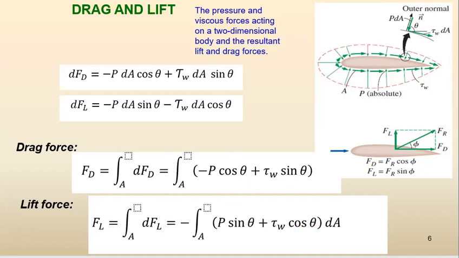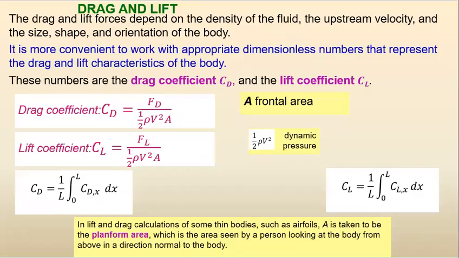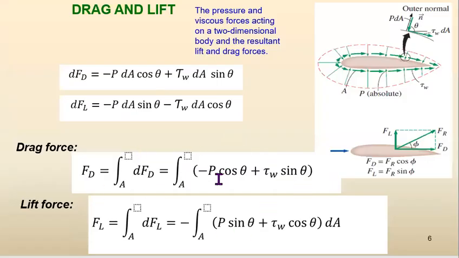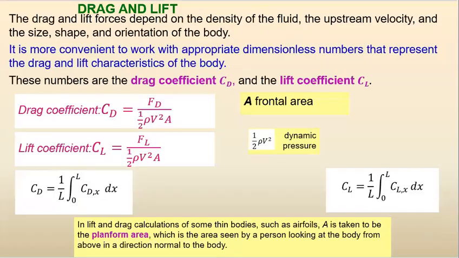So these are the mathematical forms of the lift and drag force. But a more general equation has already been developed. Instead of using these general equations, we want to use simpler equations for the drag force and lift force.